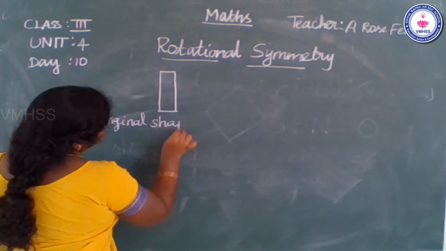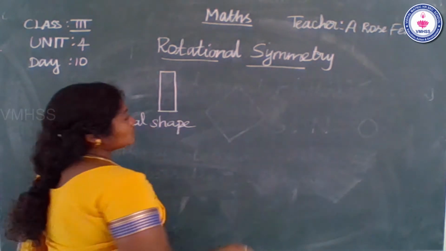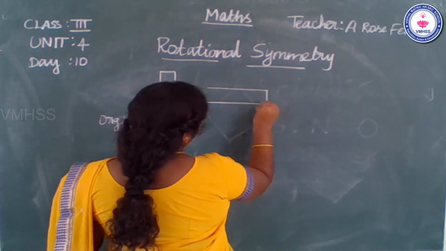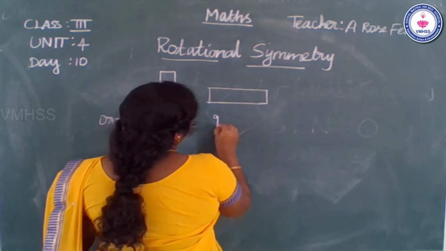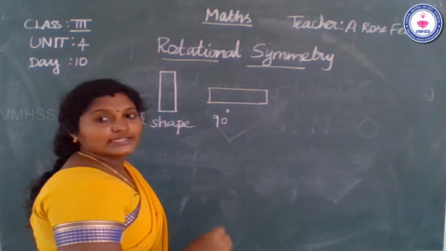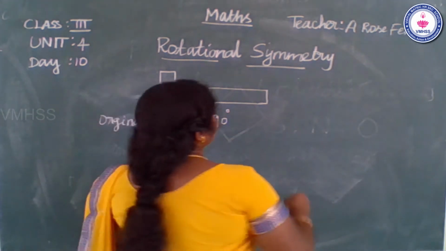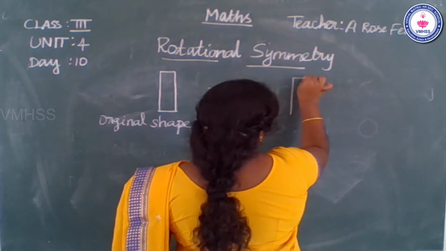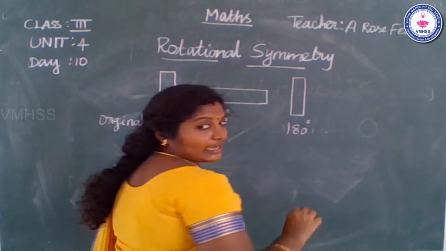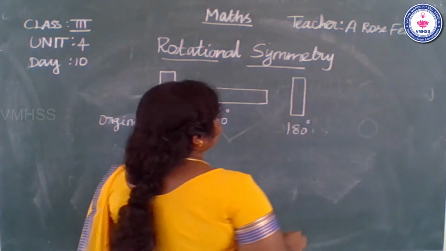Next one, 90 degree. This one is the 90 degree shape. Next one, the original rotated 180 degree. This picture is 180 degree. Next one, 270 degree.